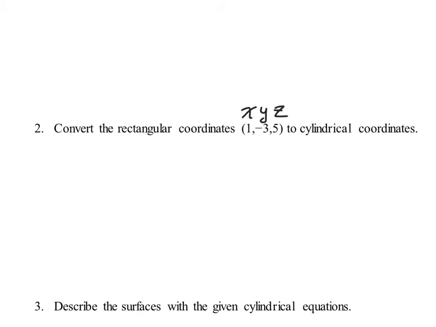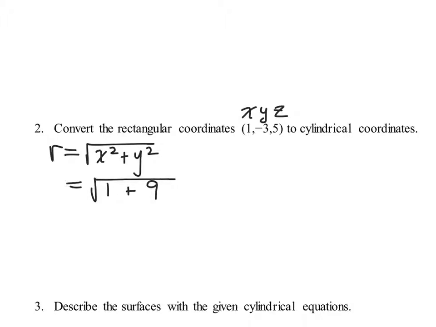So I'm going to use a formula that'll help me figure out the value of r. r is equal to the square root of x squared plus y squared. So the square root of 1 squared plus negative 3 squared, which is 9. So it's going to give us root 10. All right, so I have the r value. Now I need the theta value.